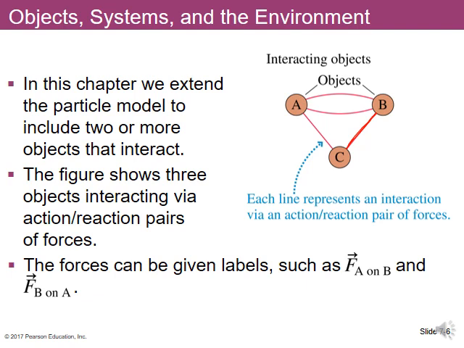C exerts a force on B, B exerts a force back on C. There's also a force between A and C. And then there are forces between A and B. Like I said, we usually label these with F and a subscript, like A on B would be the force of A on B, or A on C would be the force of A on C, and so on.